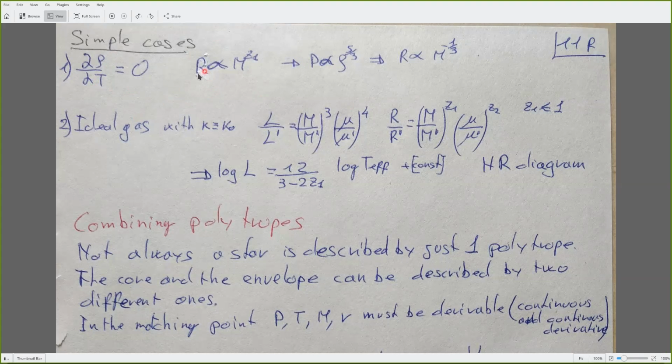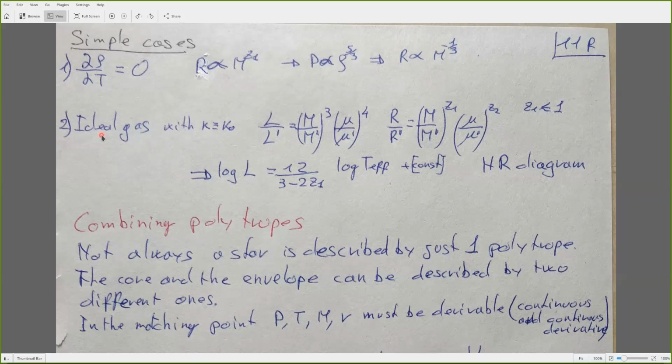We have the radius just depending on the mass to a certain exponent. This exponent is a function of the previous values. And for classical degenerate matter, not relativistic, we have that the radius depends on the inverse of the third root of the mass, something that we saw previously.